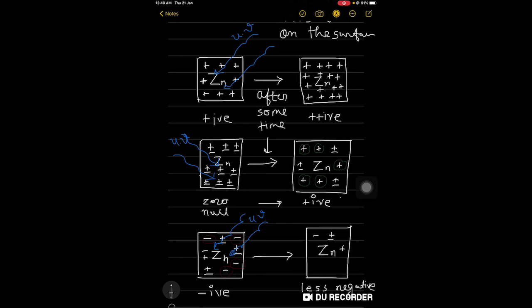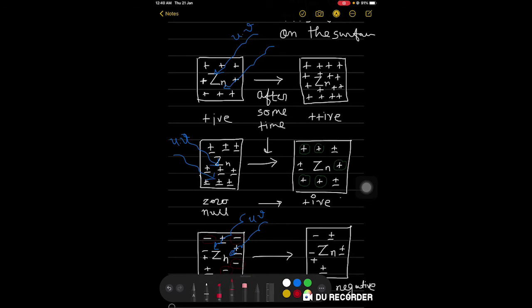That means most of the electrons which were earlier here, that I am showing, one electron from here, one electron from here, one electron from here, were missing. So here the negativity decreases. That means electrons were missing.